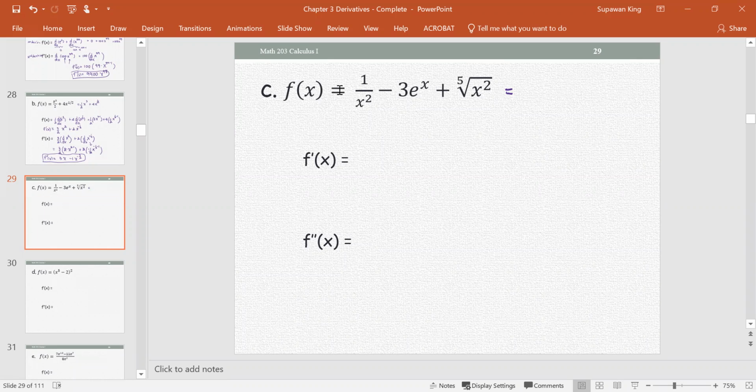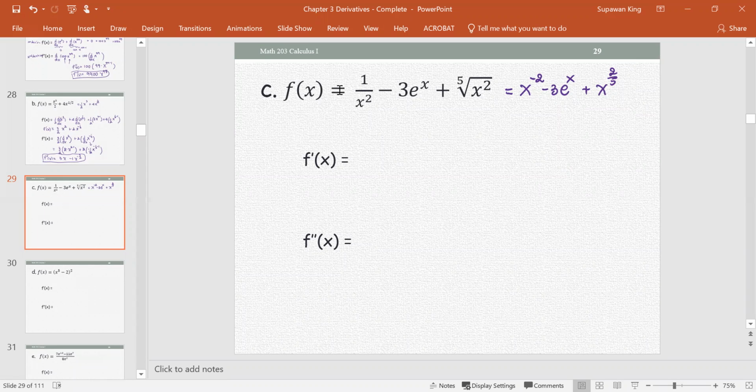The first term, 1 over x squared, we write as a power function, so we get x to the power negative 2, minus 3 e to the x for the second term, and for the third term we would get x to the power 2 over 5, as the numerator of the exponent represents the power in general, and the denominator of the exponent is the index of the root, which is the fifth root.